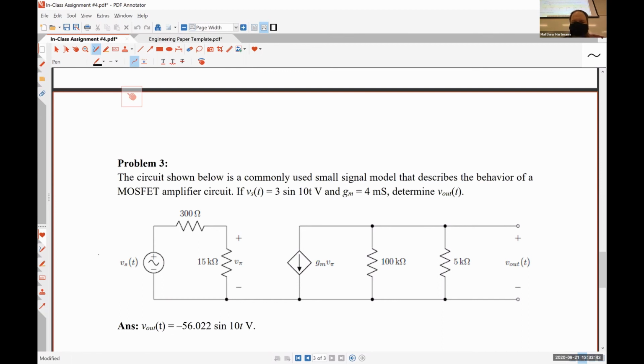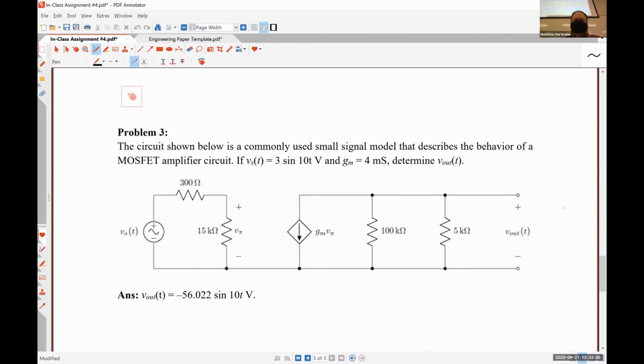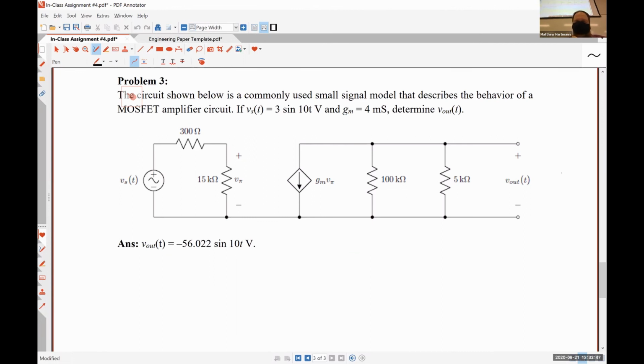Alrighty, so before we jump into this, I want to explain something that I get frequent questions about. The one that's leaving this voltage source has the current IS.